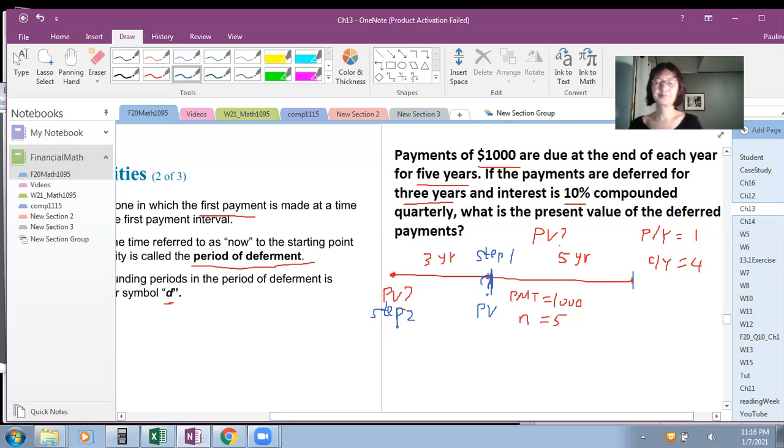Okay. So let's do step 1 first. What is the present value? So you know PMT, you know N, you know interest. You can figure out the present value. Okay. So let's use calculator to do this.